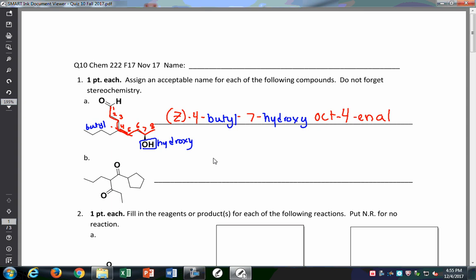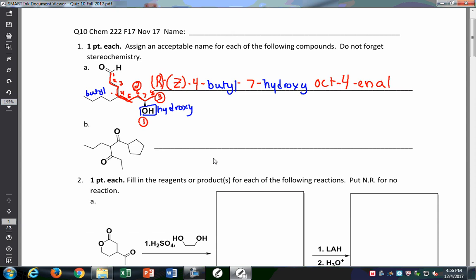So your highest priority is on the same side, so that's Z. And then we do have a stereocenter at 7, and that one's going to be R. 1 for OH, 2 for this, 3. I don't know why I just circled that. You don't typically circle the R. You can put the 7. You don't have to, because that's the only stereocenter. But you can. I don't take off if you do. Sometimes you'll see that specified as 7. But you don't have to specify it as 7.